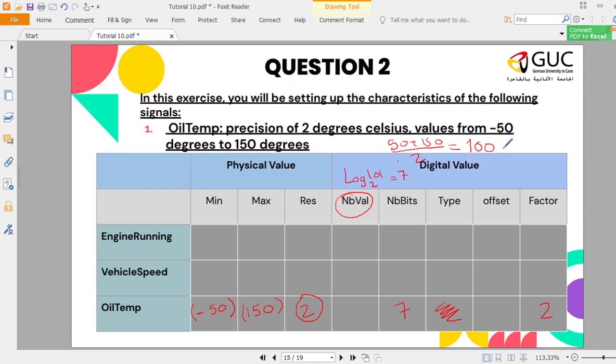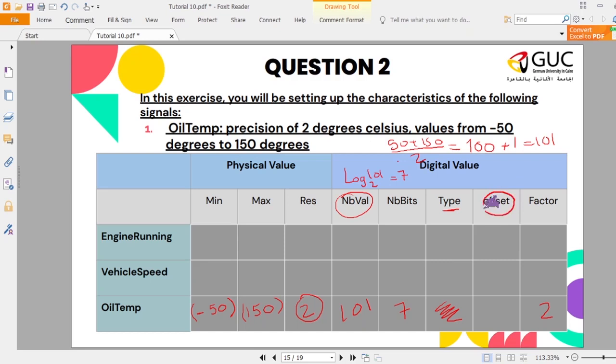But we need to add the 1 which represents the 0, so we will have a total of 101 values. And the number of bits is 7, from log base 2 of 101. Maybe it's not a whole 7, so we did an approximation. The type of the signal is still unsigned, as previously mentioned in the question.